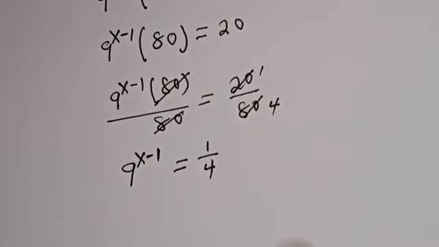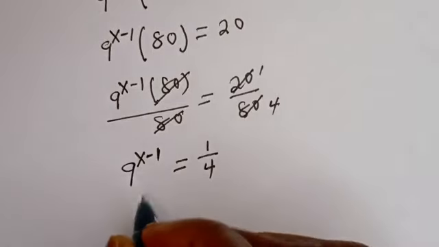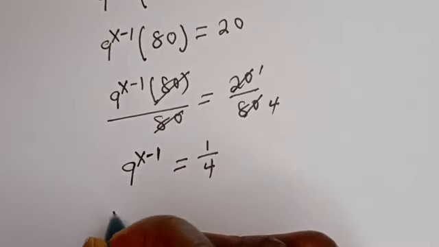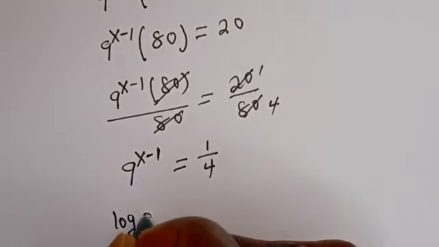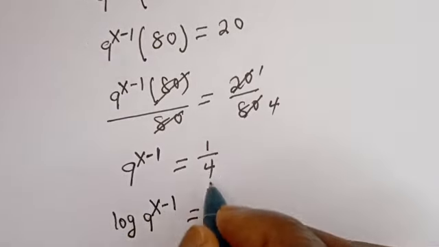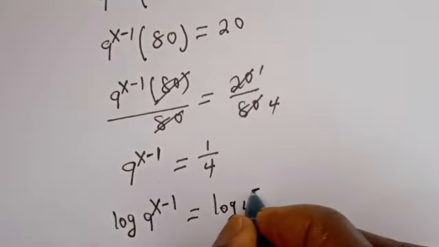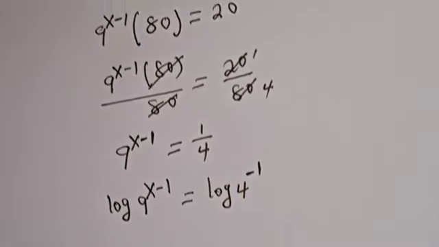We can take the log of both sides. This is log 9 to the power of x minus 1 is equal to, this can be written as log 4 to the power of minus 1.